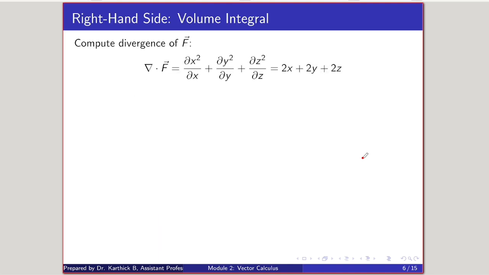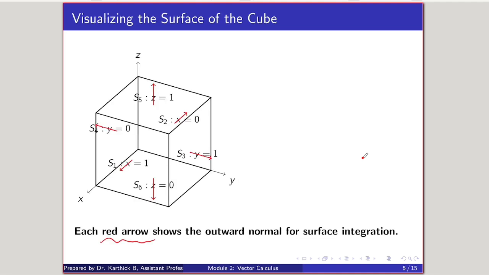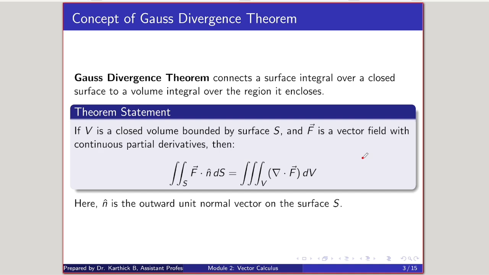Now we shall go for the RHS. First we will evaluate the volume integral, that means a triple integral. What will be the formula for it? We know that it is the triple integral of gradient dot F vector dV.